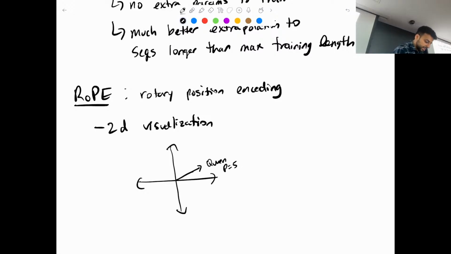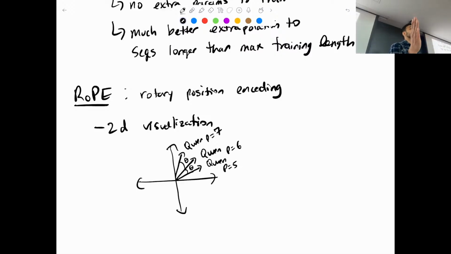So in this visualization, I might have the query vector for Quen at position 5, Quen at position 6, and Quen at position 7. For each subsequent position that I might have this word, I will rotate this vector by some hyperparameter theta.